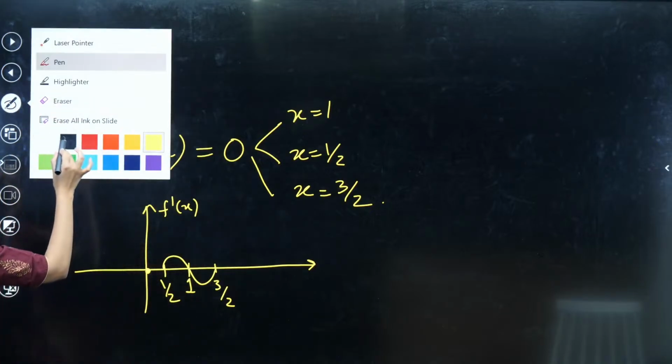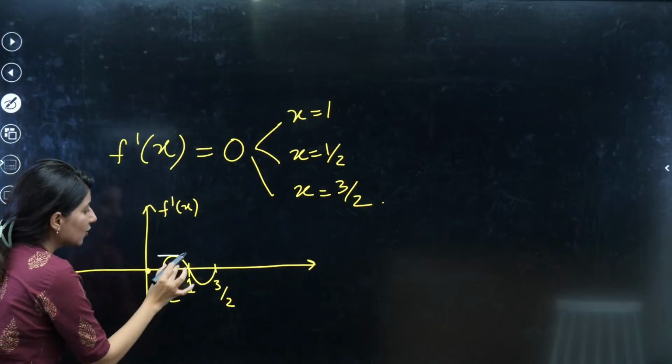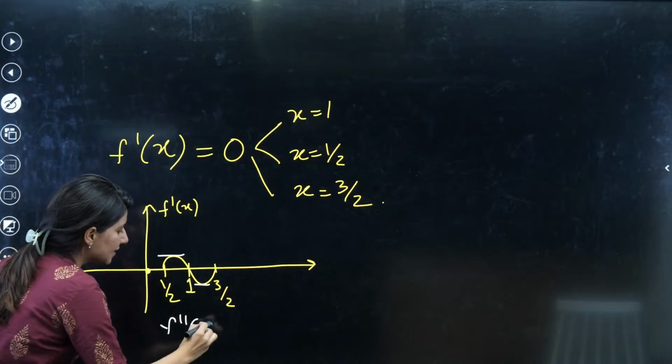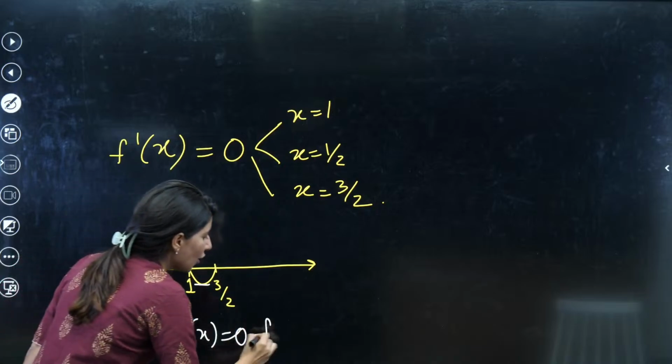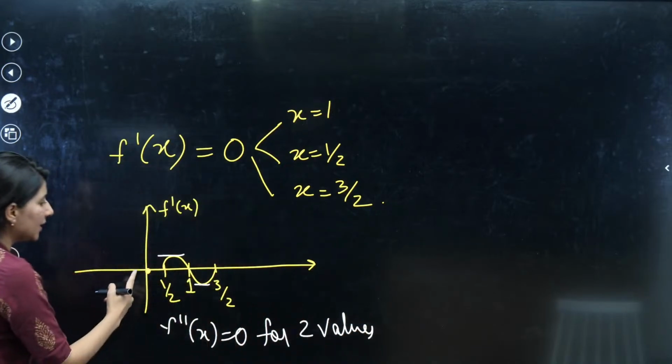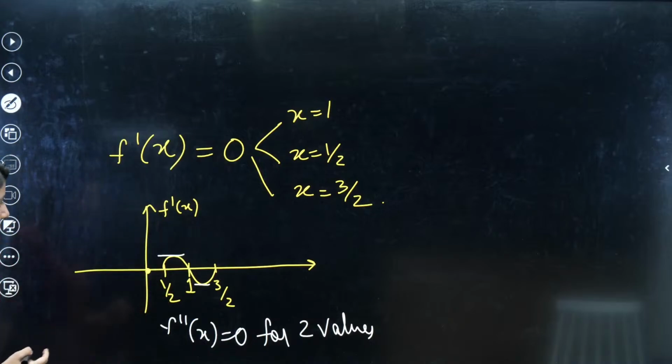Now can you see that on f dash x, I can draw two horizontal tangents. That means my f double dash x will become 0 for at least two values, if I talk about between 0 and 3 by 2, right? So f double dash x equals to 0 for two values.